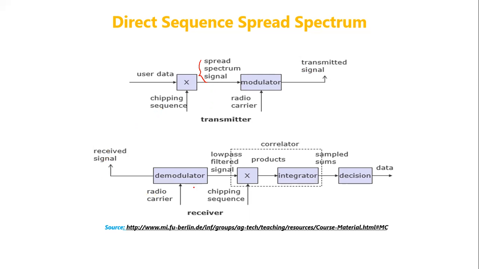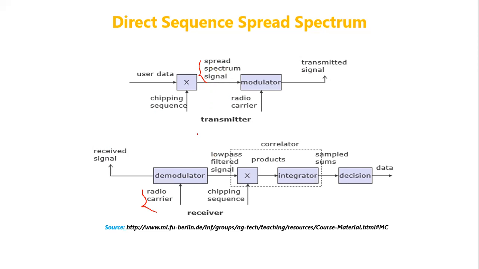The receiver first performs demodulation. For performing demodulation, the receiver should use the same carrier that is used by the sender for modulation. So using the same carrier frequency, the receiver demodulates the signal, and then he will get the spread spectrum signal.